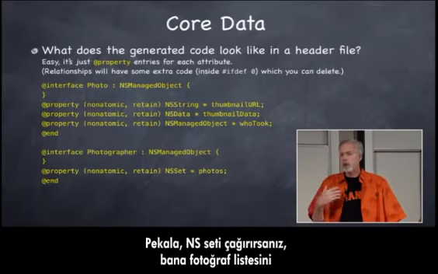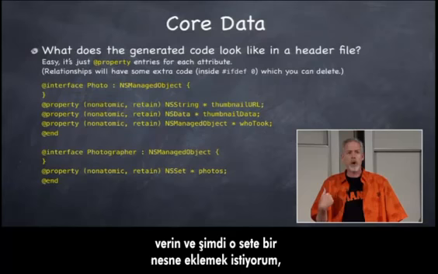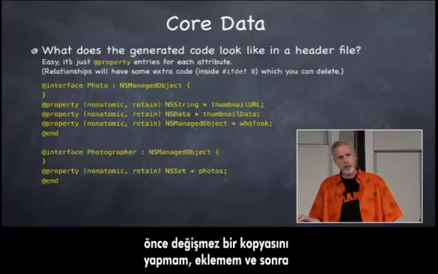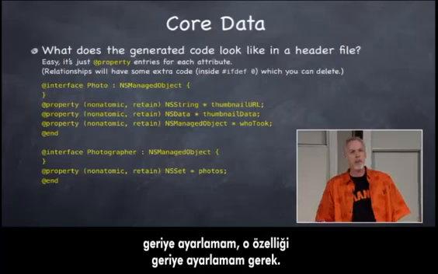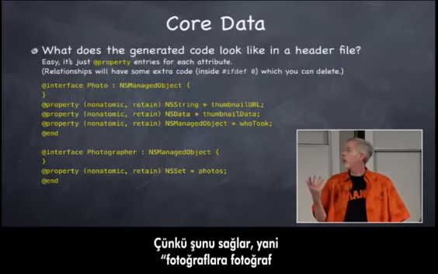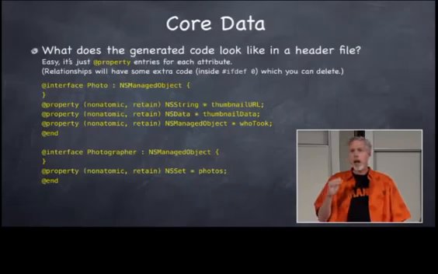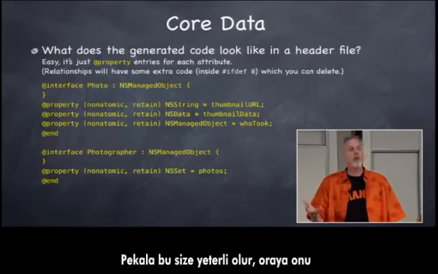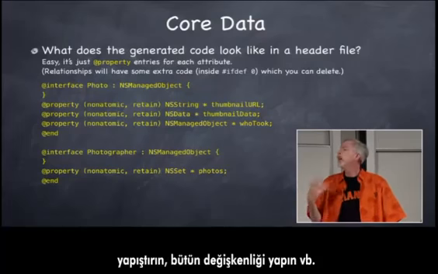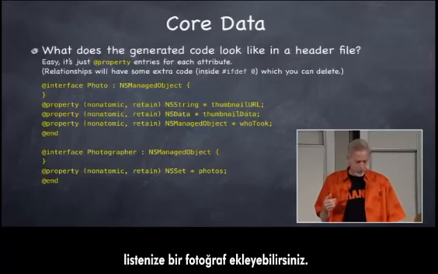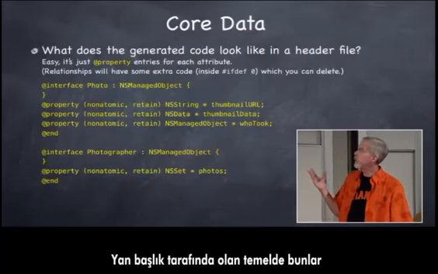So if you called NSSet, give me the list of photos, and now I want to add an object to that set, I'd have to do a mutableCopy of it first, add it, and then set that property back. Do you see why? So it also will create some nice methods, addPhotosObject, that will do all that for you. It'll stick it in there, do all the mutability, etc. So you can do it with one line of code. You can add a photo to your list of photos. Okay, so that's basically what's on the header side.